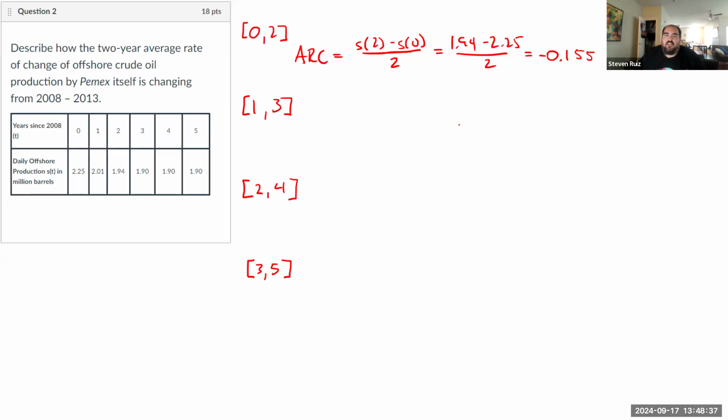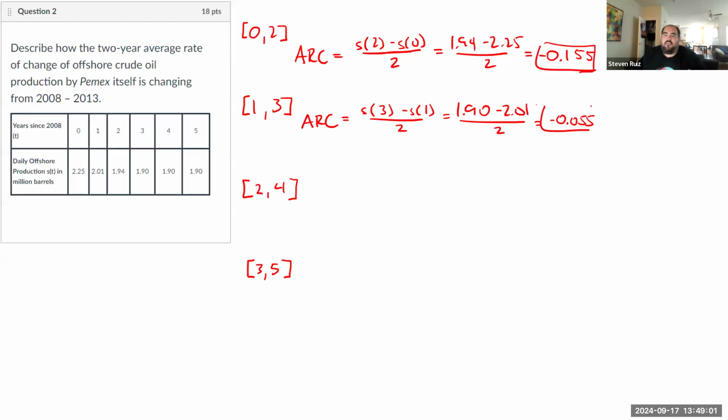So all of these calculations work the same way. I'll do one more long form here. S of 3 minus S of 1, also over 2. And we get 1.90 minus 2.01 over 2, which all told comes out to be negative 0.055. The other three I'll just write down.